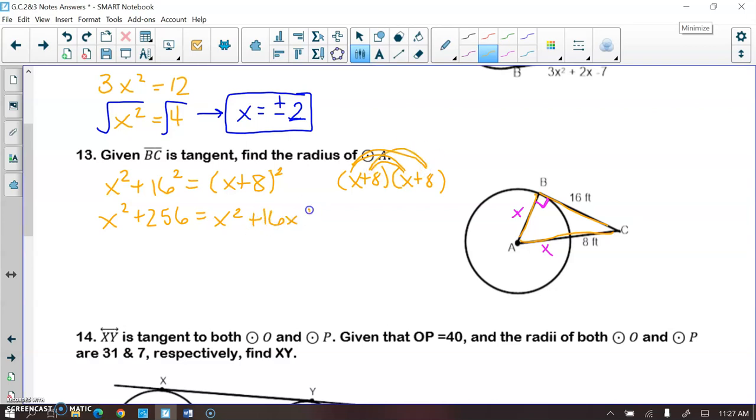And then an 8 times an 8 is a 64. Subtracting x squared from both sides, my x squareds go away. Taking that 256 and subtracting 64 from it, I wind up with a 192 is equal to a 16x. And then dividing by 16 on both sides, I wind up with x is 12, which was my radius, because I labeled my radius as x. So I found my radius.